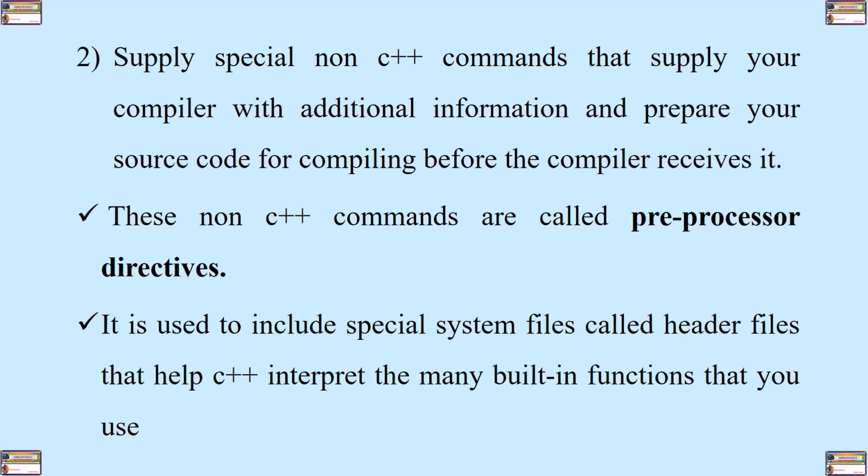A preprocessor directive is used to include special system files, which we call the header files, that help the C++ compiler interpret the many built-in functions that we want to use. So the work of the header files is to contain certain definitions of certain types of functions that your program may require at one point or another.